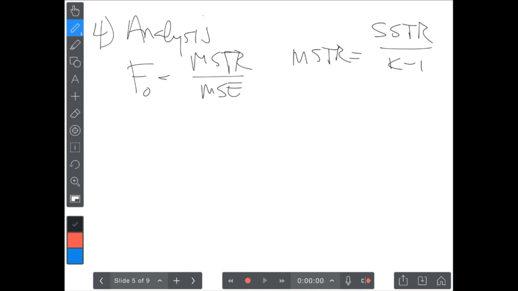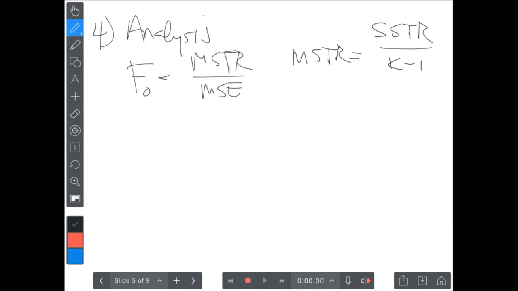And that's why it's a variance. If you think about the sample variance, S squared is SSX divided by n minus 1. Well, what is SSX? SSX is the sum of squares due to x, and then n minus 1 is the degrees of freedom. In this case, SSTR is the sum of squares due to treatments divided by degrees of freedom K minus 1. And so, therefore, that gives us a variance.